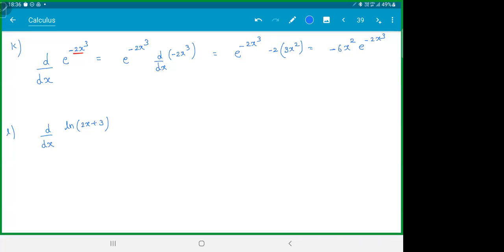Hope this was clear. Then what about this thing? This is ln of a function. This will be 1 by x, since the differential of ln is 1 by x, and then differentiate whatever is inside. So 1 by 2x plus 3 into 2. Check.